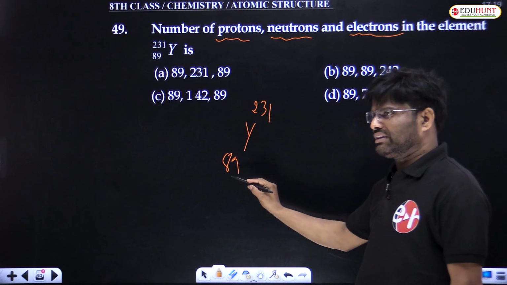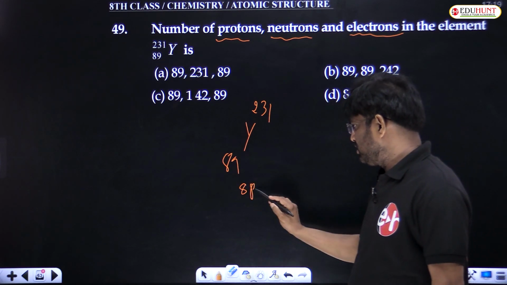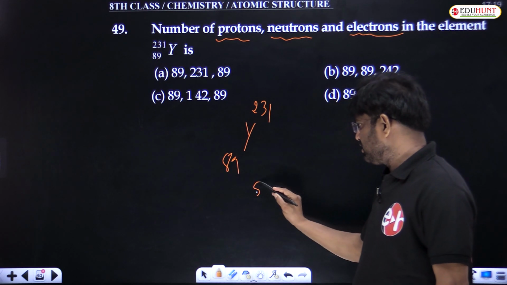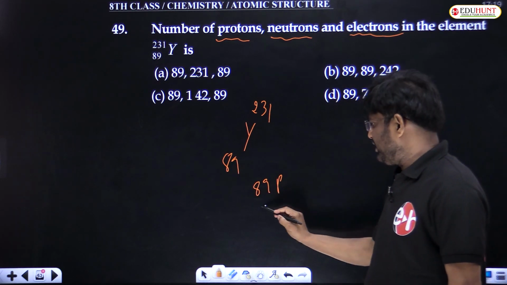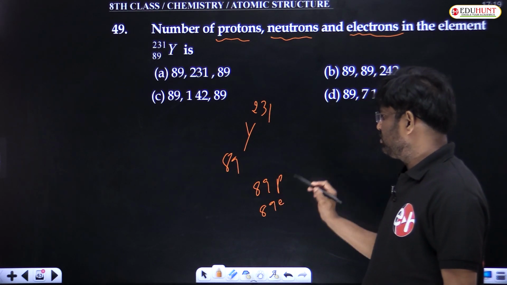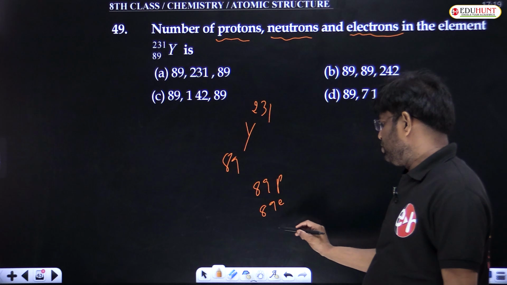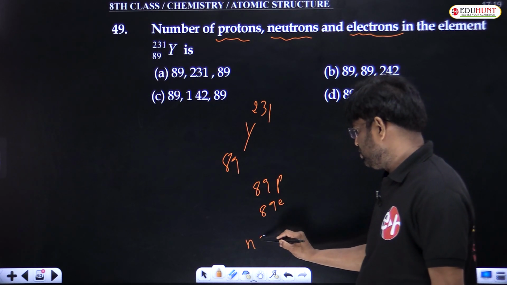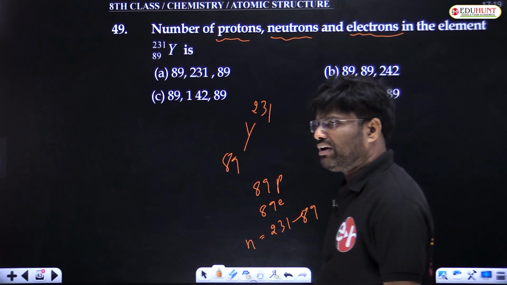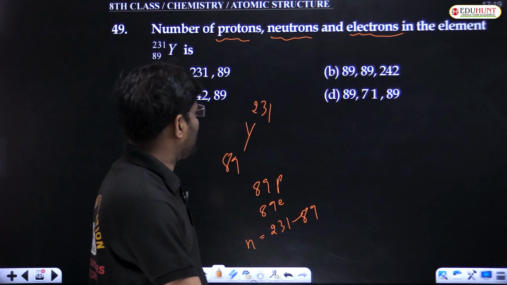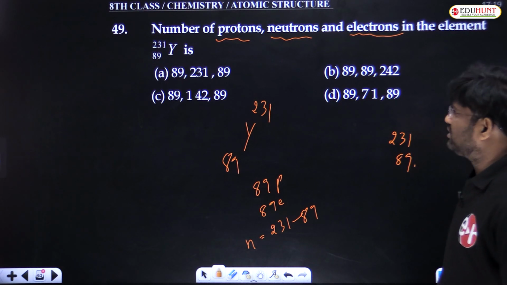So atomic number 89 means 89 protons, 89 electrons, and 231 minus 89 neutrons. 231 minus 89, so what is the answer?